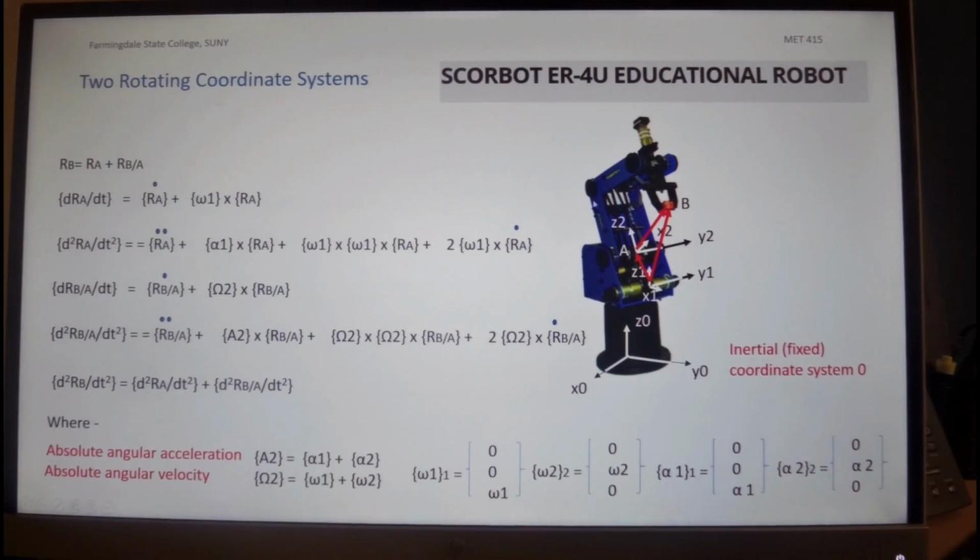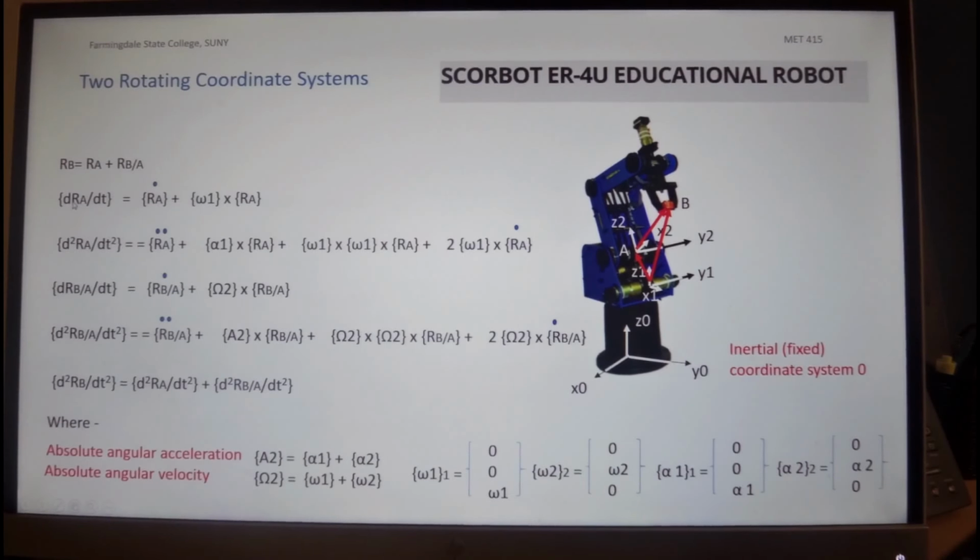If you want to look at the velocity of point B, the absolute velocity of point B, we'll first have to take the derivative of RB with respect to the absolute coordinate system, which equals the absolute velocity of point RA plus the absolute velocity of RB with respect to A.